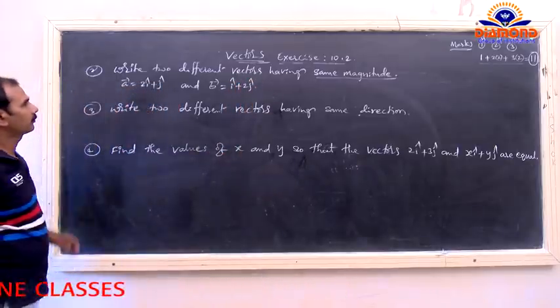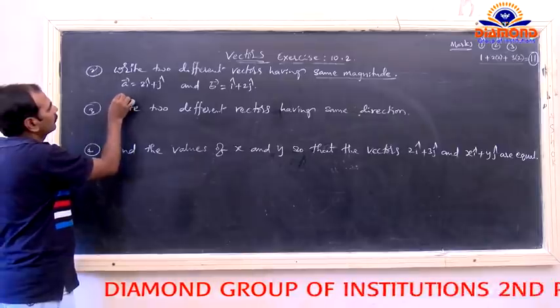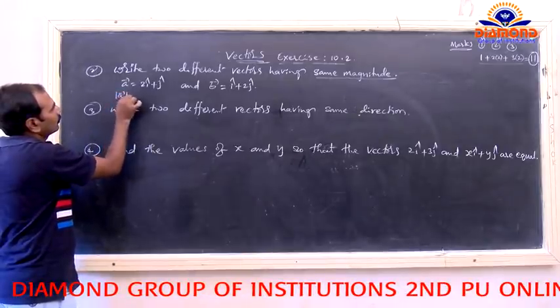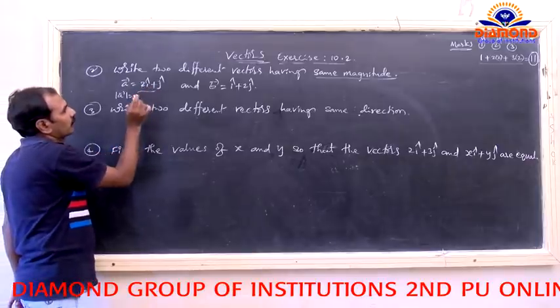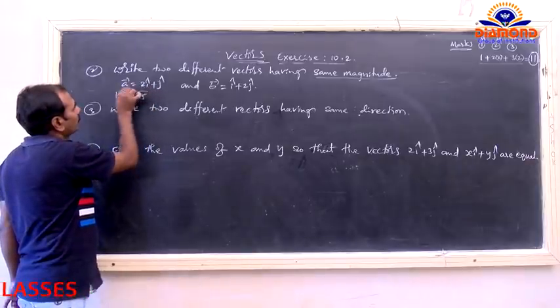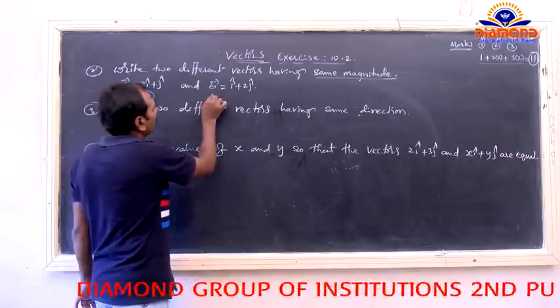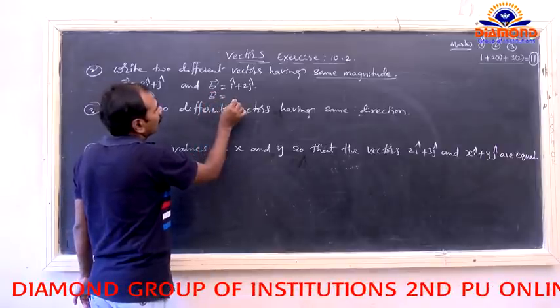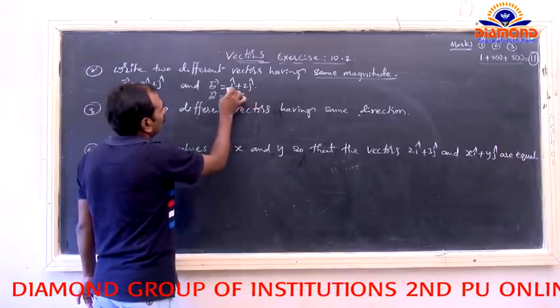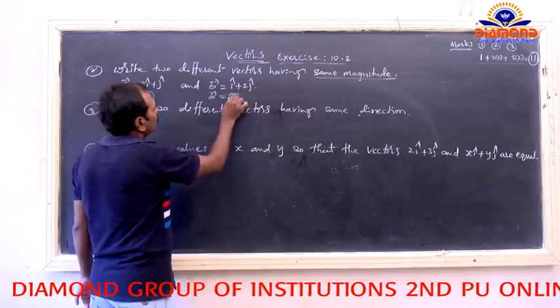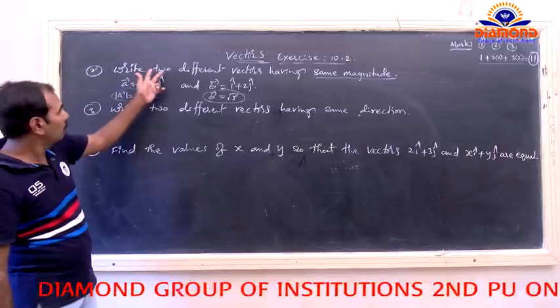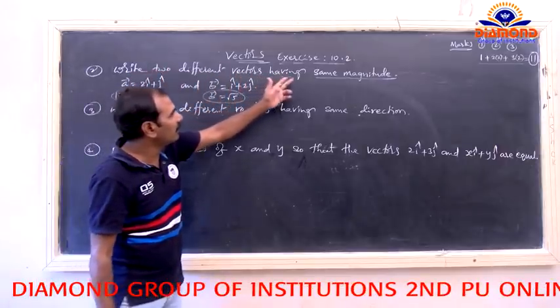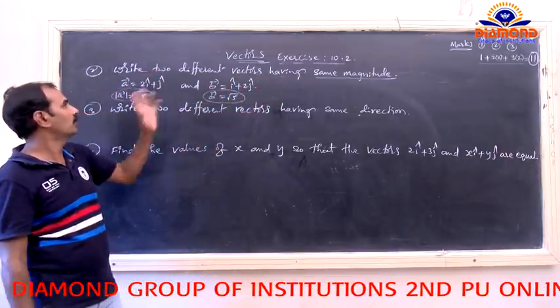So simple. So here A magnitude is square root of 2 square plus 1, means root 5, and B magnitude equal to 1 plus 4, so root 5. So two different vectors having same magnitude, these both.